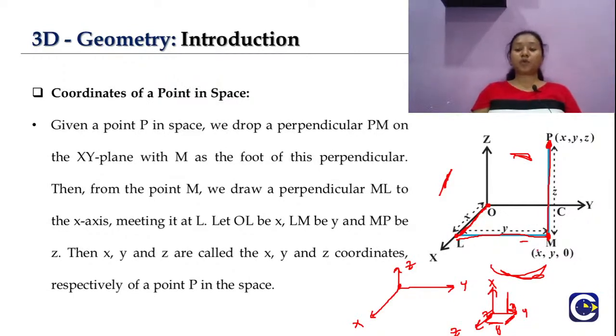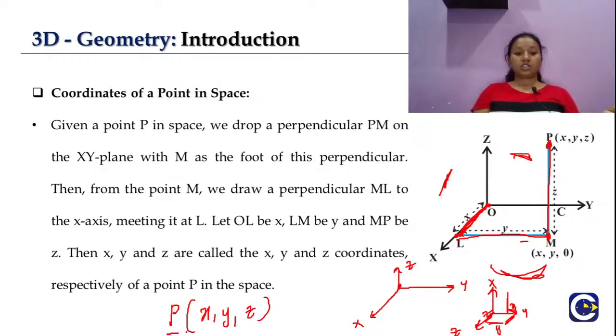So here for this point P which we have taken in this 3D plane, the coordinates are represented by these 3 distances, which are x, y and z. So this is the x distance and this is y and this is z. Right. So then the coordinates of this point P in the space can be represented as x comma y comma z. So likewise, we can write coordinates to any of the points which are taken in the space.